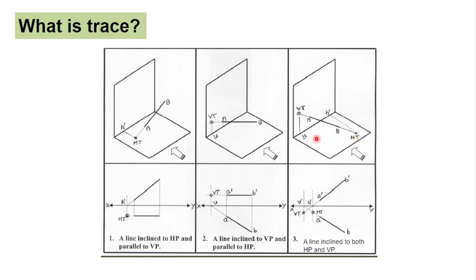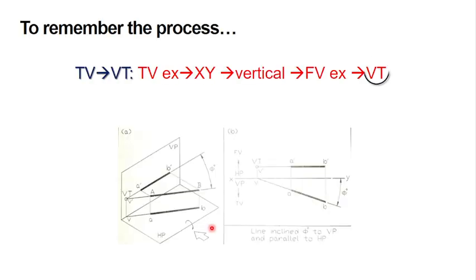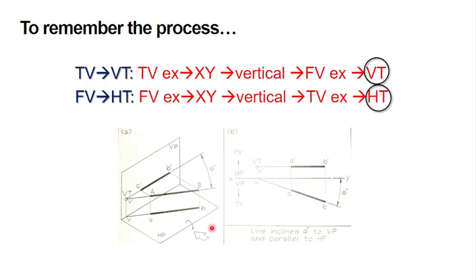So there is a simple procedure. This is the realistic 3D picture which you see here, very simple. Now what to do when it has to be drawn from the front view and top view. So the procedure, in order to make it simple, is, as you can see here in red font, extend the top view.